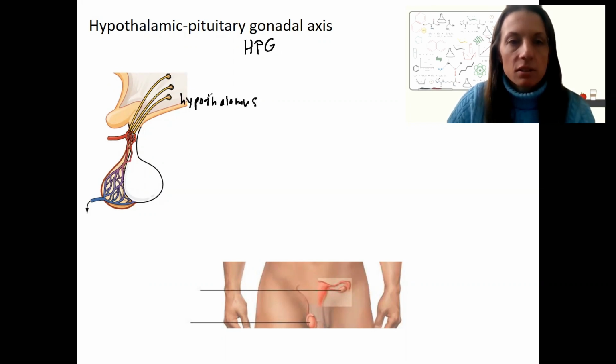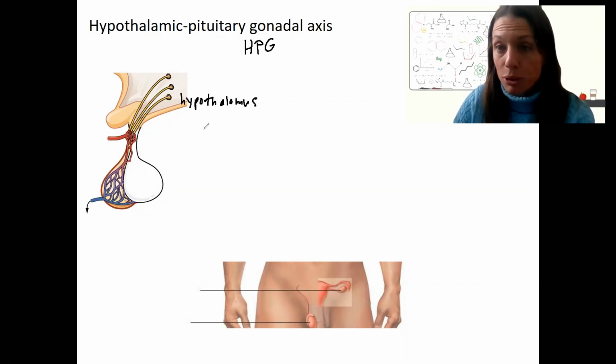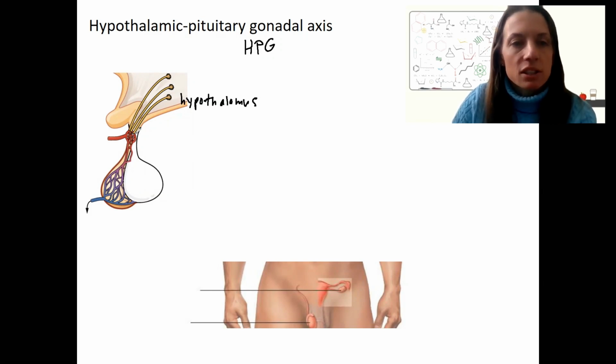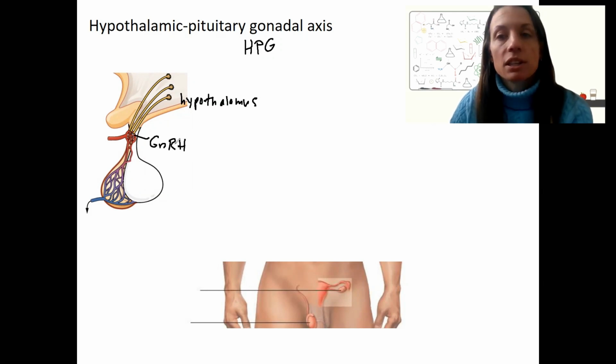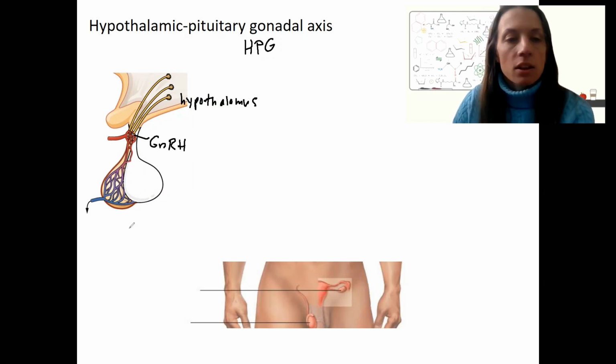is going to release, along with the other things you've learned about, GnRH, gonadotropin releasing hormone. So releasing hormone, right? This is a releasing hormone for gonadotropins. From the anterior pituitary, there's going to be gonadotropins released.